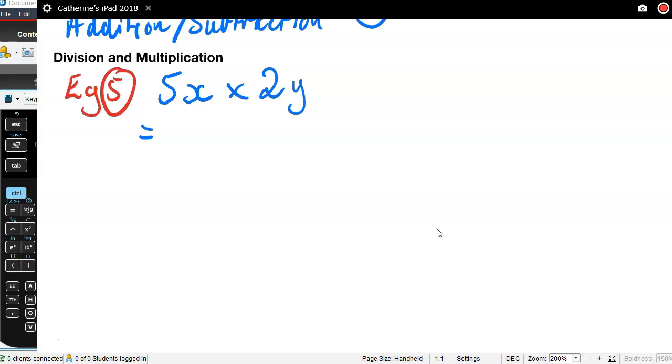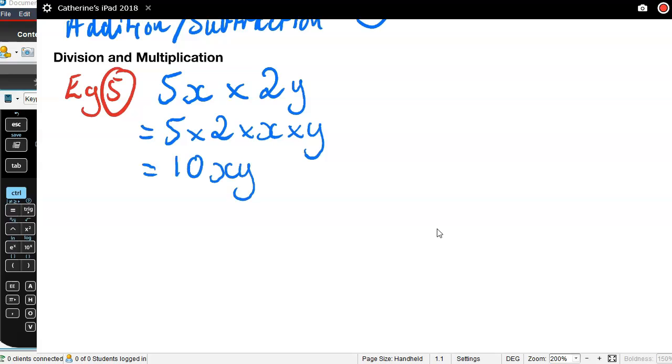This is what you think. You might not always need to write this line. 5 times by 2 times by x times by y. So we end up with 10 times x times y, or 10xy.